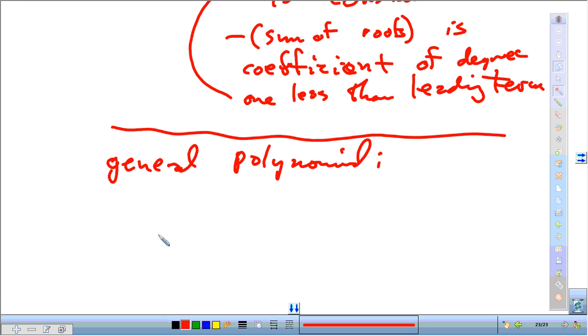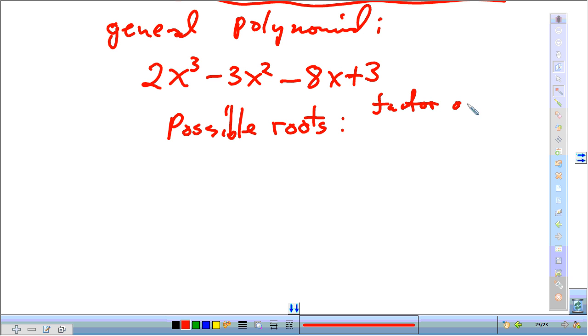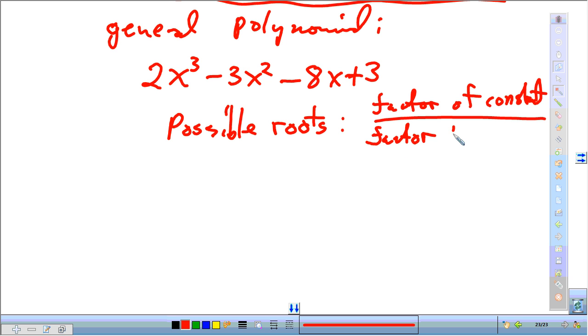If we look at general polynomials, maybe something like 2x cubed minus 3x squared minus 8x plus 3. And you can look at a factor of the constant term and divide that by a factor of the leading term.